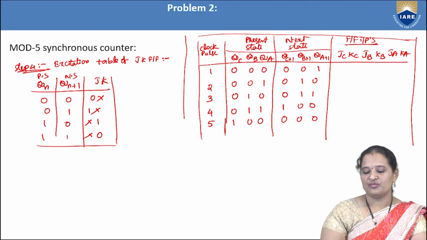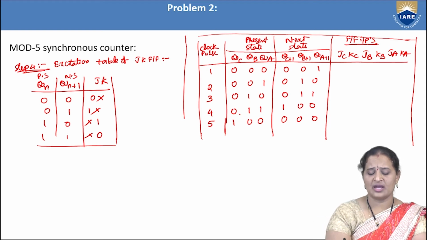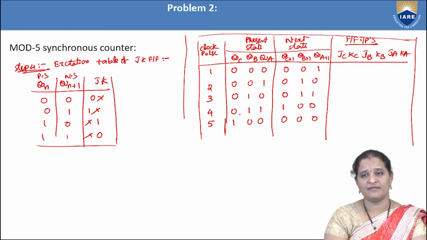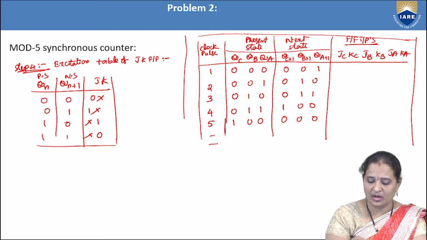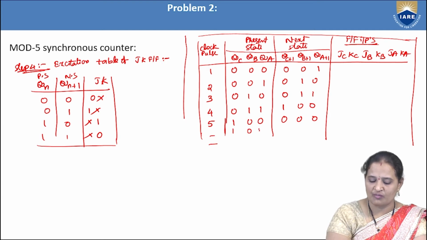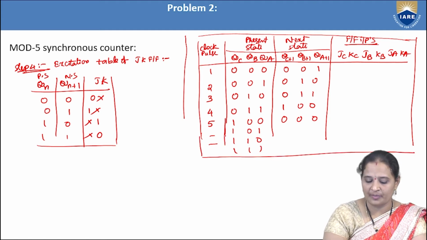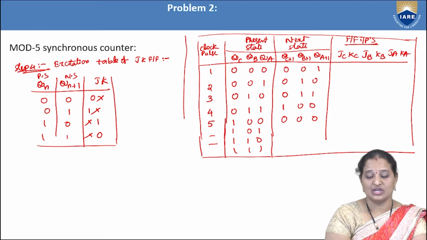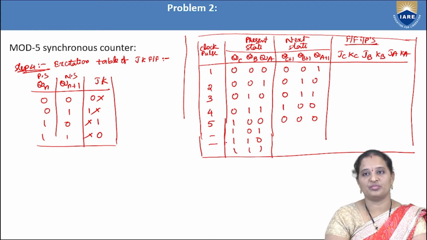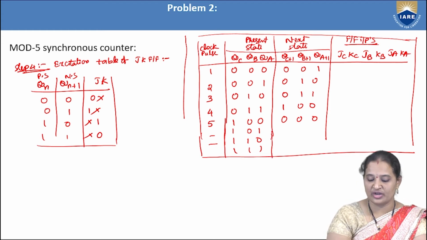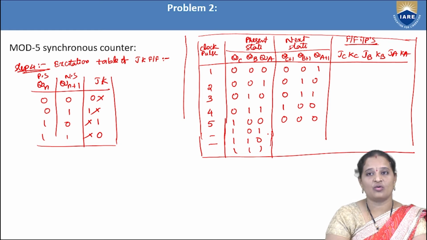Now, as it is a 3-bit counter, we do have some more combinations here. What are those? 101, 110, 111. With a 3-bit counter, I can count 8 pulses. So what about these 3 input combinations? These should never happen in the mod 5 counter.